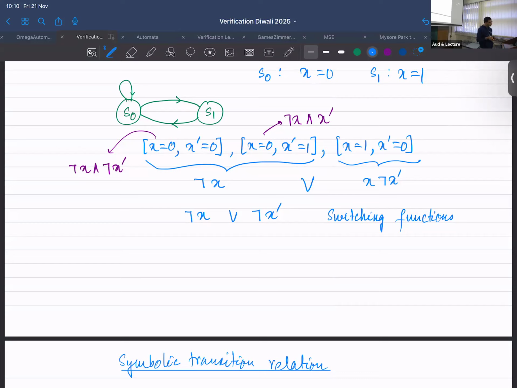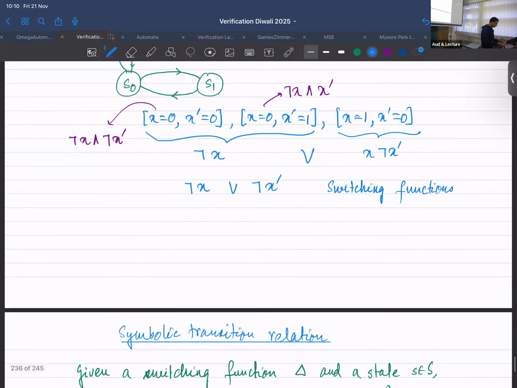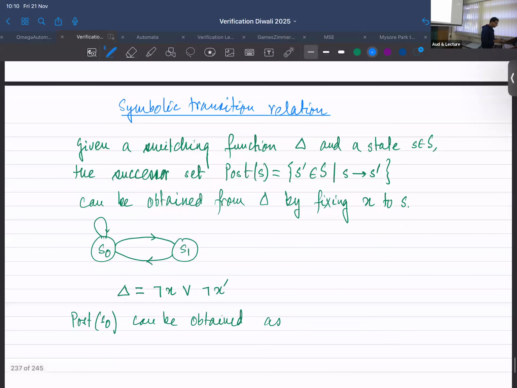Okay, so now once you have this function, then we can do more. What can we do? Given a particular state, we can even compute the set of successors for this state. We can try to get a function which corresponds to the set of successors for a given state.